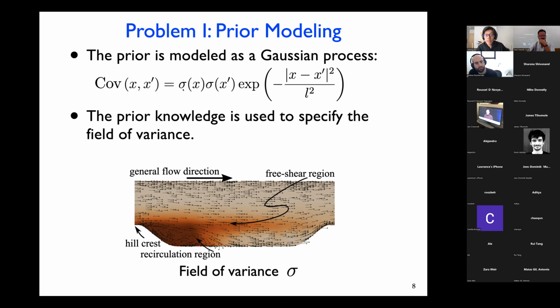And sigma here is what we call the field of variance. And the prior knowledge is used to specify the field of variance, which means that for the regions where we know that RANS models usually do not perform well, we will assign larger values of the variance sigma.